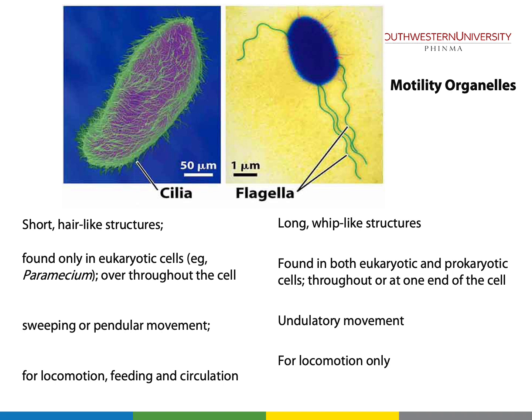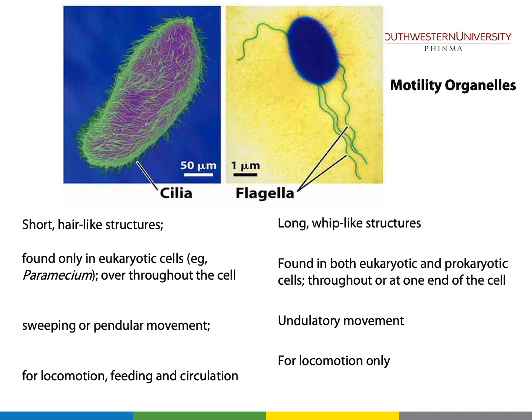Your cilia, on the left side, are short hair-like appendages found only in eukaryotic organisms like Paramecium or Balantidium coli, if you still remember your parasitology, the only ciliated protozoan pathogenic to humans. The movement of cilia is sweeping or pendular. Cilia are not only for locomotion, but are also used for feeding and circulation.